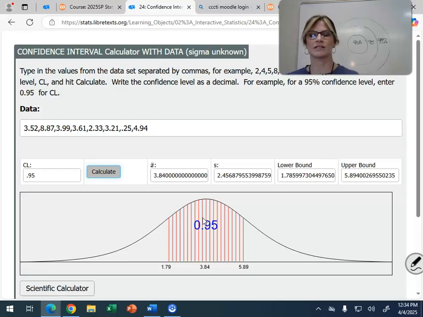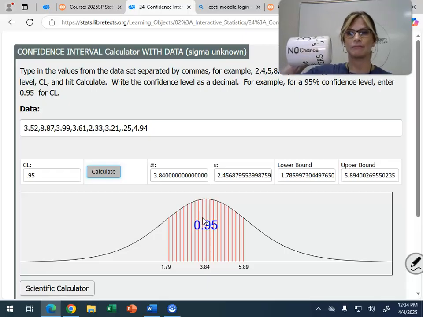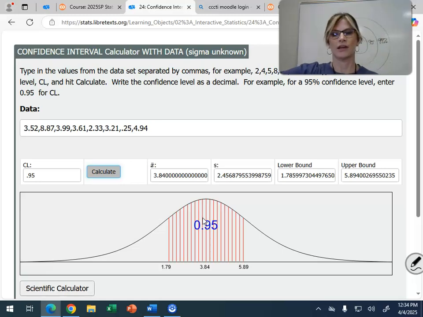We would not say things like 95% of the time they discard between 1.78 and 5.89 pounds. We would not say there's a 95% chance that happens, because, like my mug says, no chance. We don't ever say chance. Okay, this is a confidence interval, so we talk about confidence.